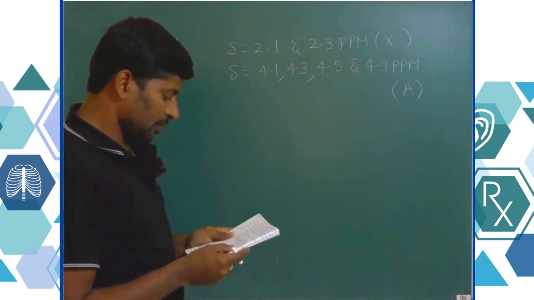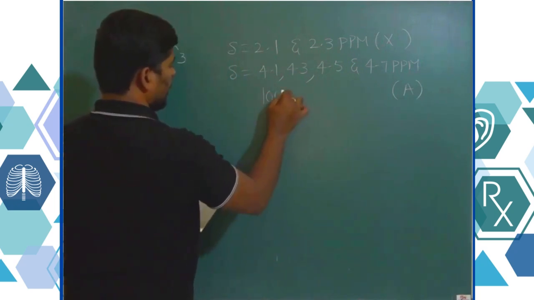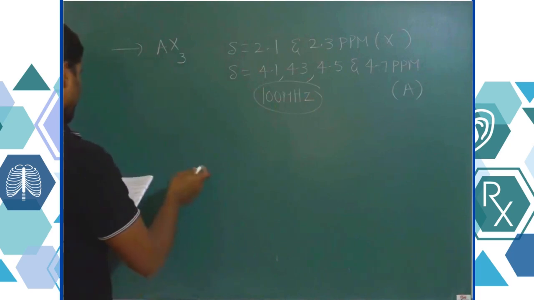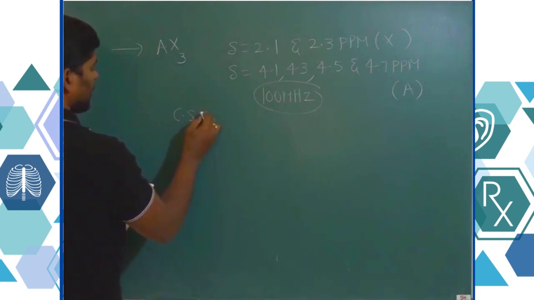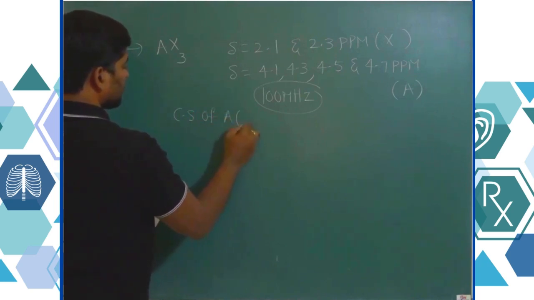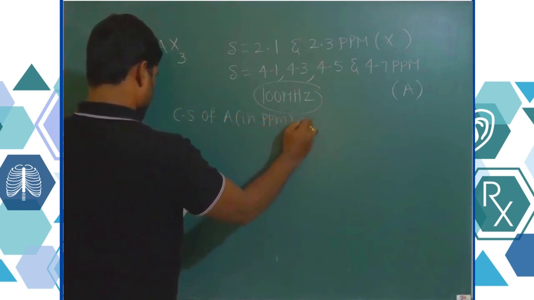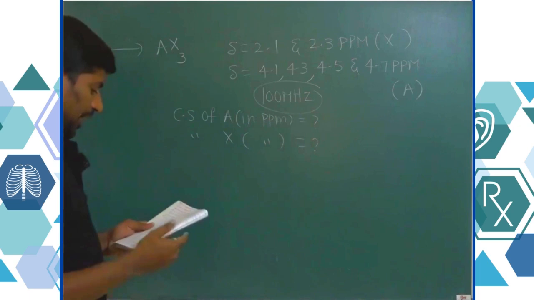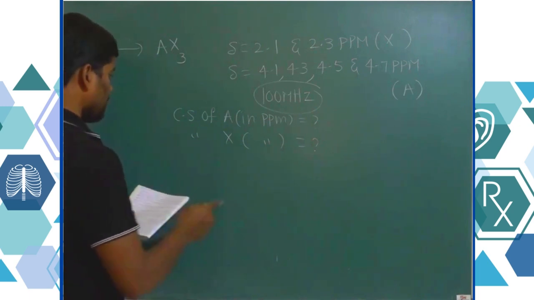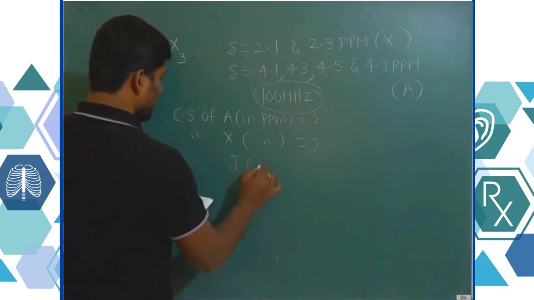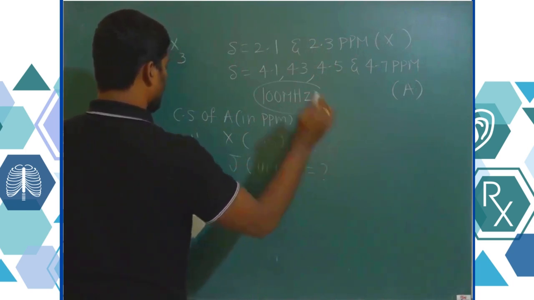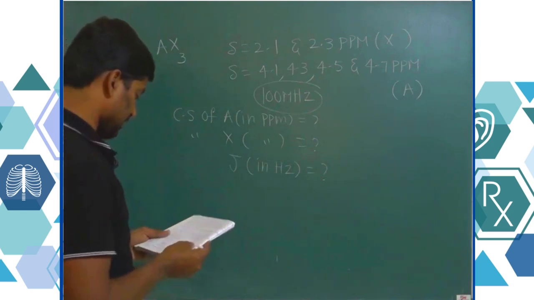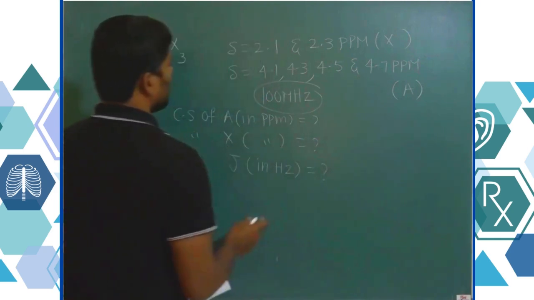The data is given on a 100 megahertz instrument. The question is: what is the chemical shift in ppm of A and X protons, and the coupling constant J in Hz, respectively?